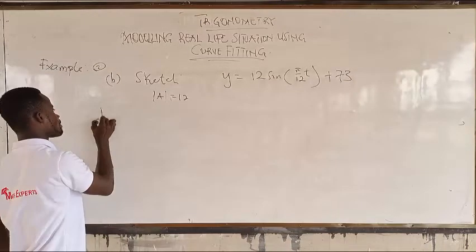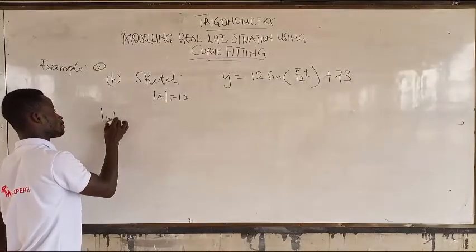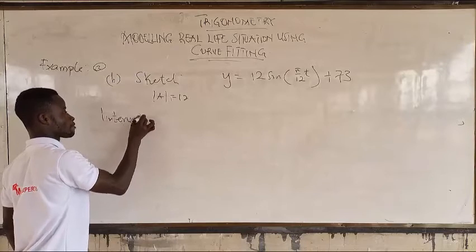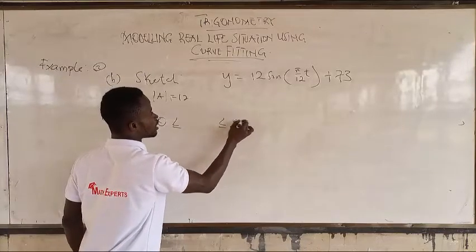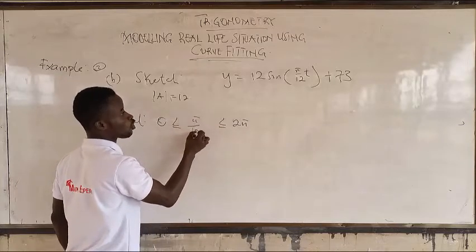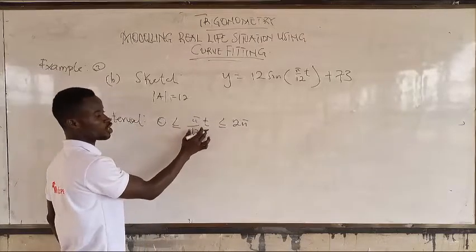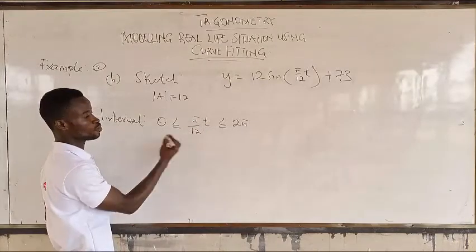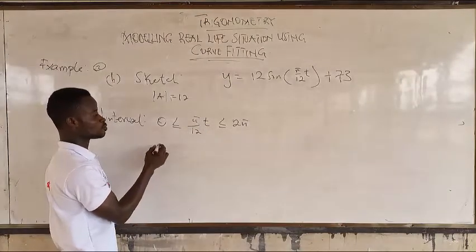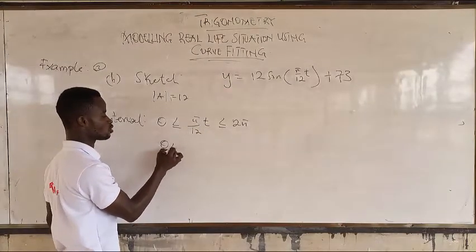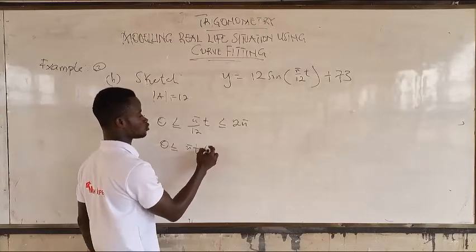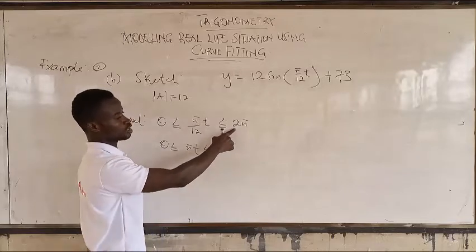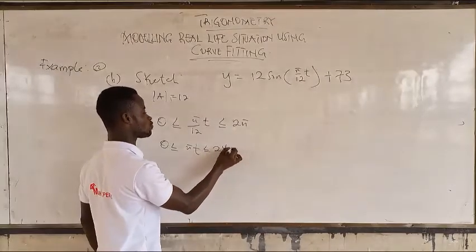The interval: 0 less than or equal to pi over 12 t less than or equal to 2 pi. So make sure we get t inside. We multiply by 12: here is 0, here is pi t, and 2 pi times 12 is 24 pi.